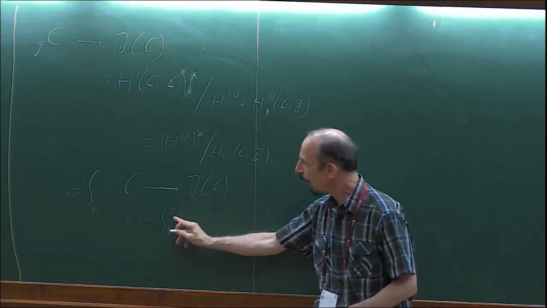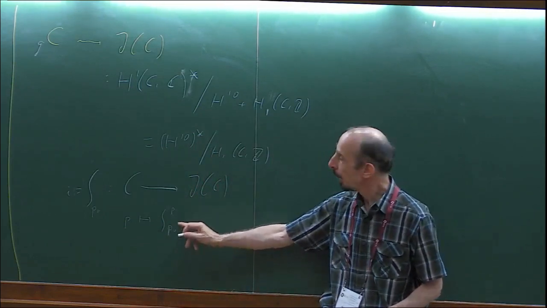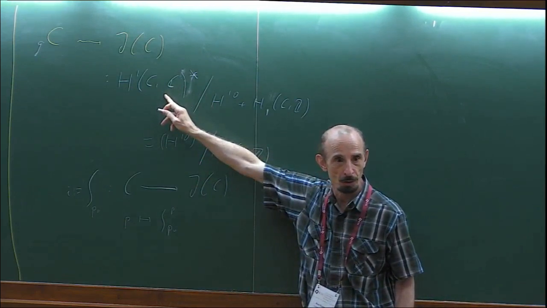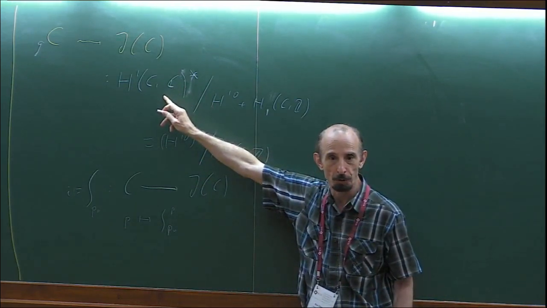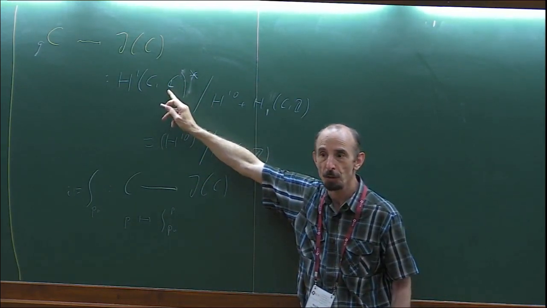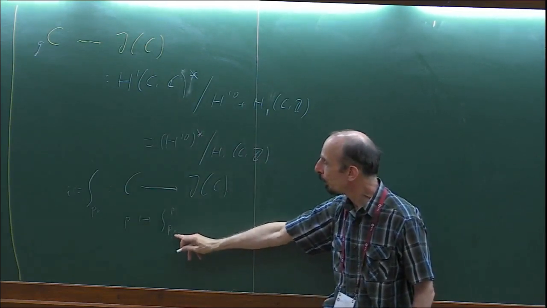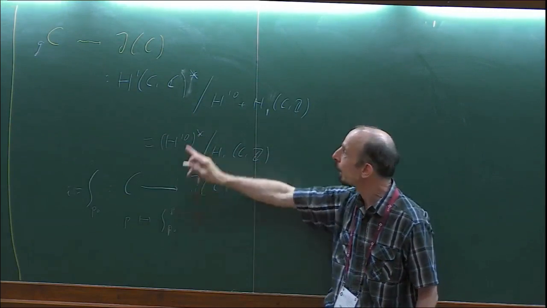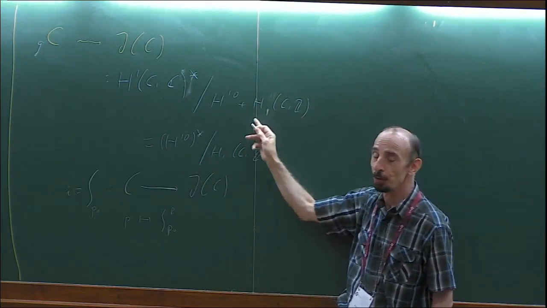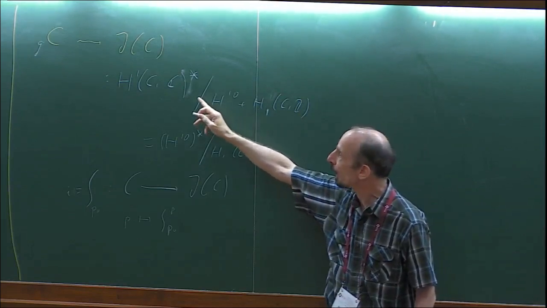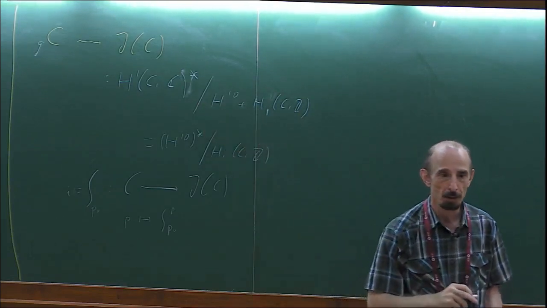Well, choose any path from P0 to P. Integration on it is a linear function on harmonic one forms that represent the cohomology. So it gives you a linear function here. It's not quite well defined because you had to choose a path. If you change the path, you're changing it by a loop. So it's not well defined in the whole thing, but it's well defined in the Jacobian.